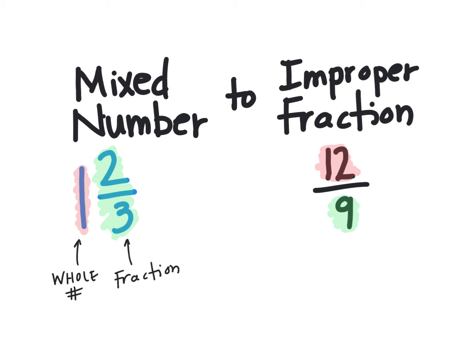So let's go ahead and write that little note so that we remember. So we're going to say the numerator is larger than the denominator. Okay, so that is why we call them improper fractions.